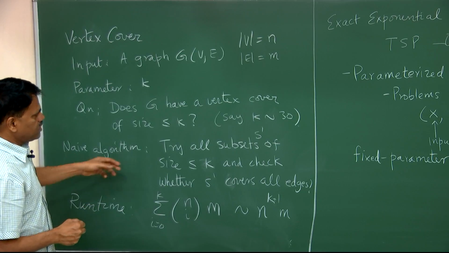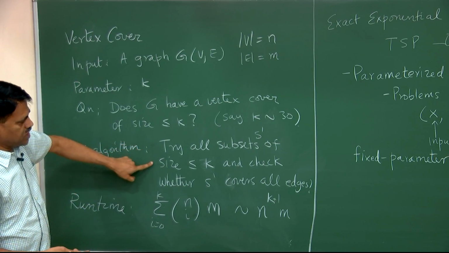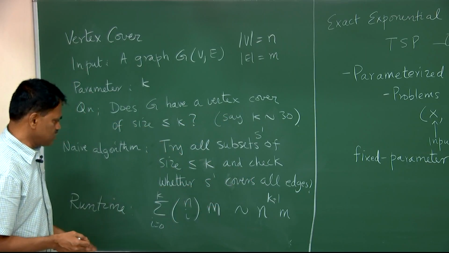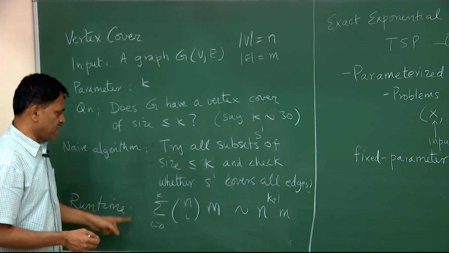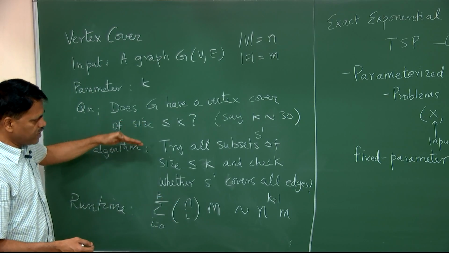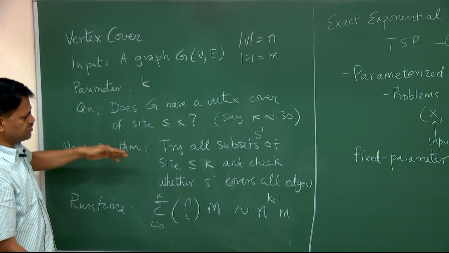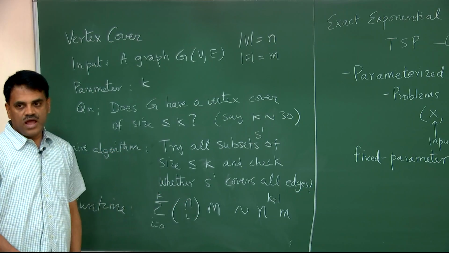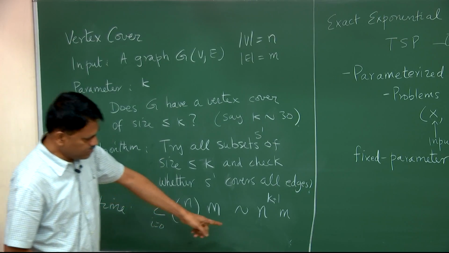So a naive algorithm would try all subsets of size at most k and check whether that subset covers all the edges, and the running time would be something like this. This is the number of subsets. So you have some careful enumeration of all subsets of size at most k, and you run through each subset and check whether every edge is covered. So it has a running time of this type.